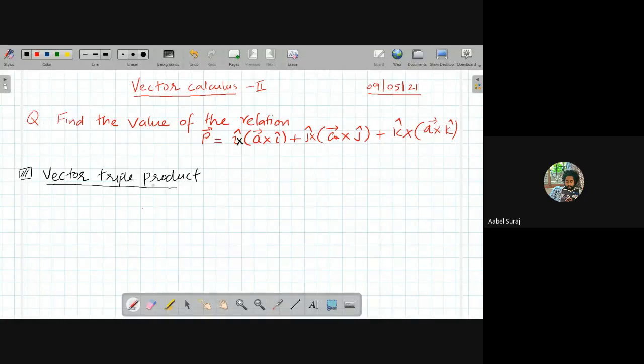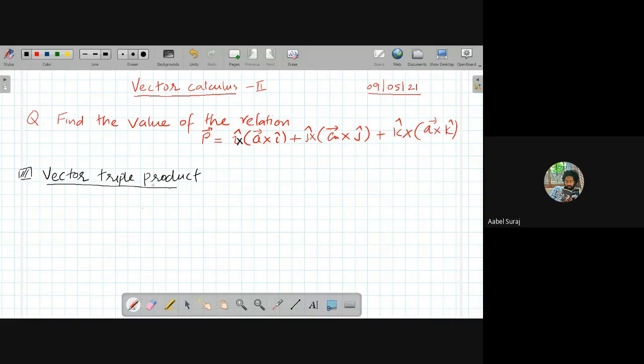There is a scalar triple product, which gives the volume of the parallelepiped with those vectors as sides. Next is the vector triple product.